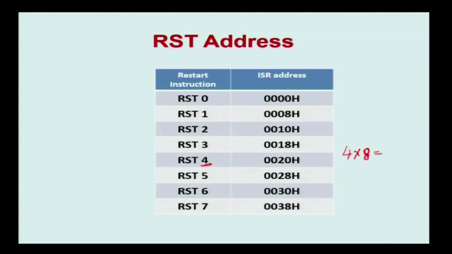So, 4 into 8 is 32, which is a decimal number. The 32 is converted into hexadecimal by dividing by 16. So, 16 twos are 32, the remainder is 0. So, we write the address as 0020H. So, first we have to identify the interrupt number, RST 0 or RST 7 or RST 3, then that number is multiplied by 8 to get the corresponding interrupt address.